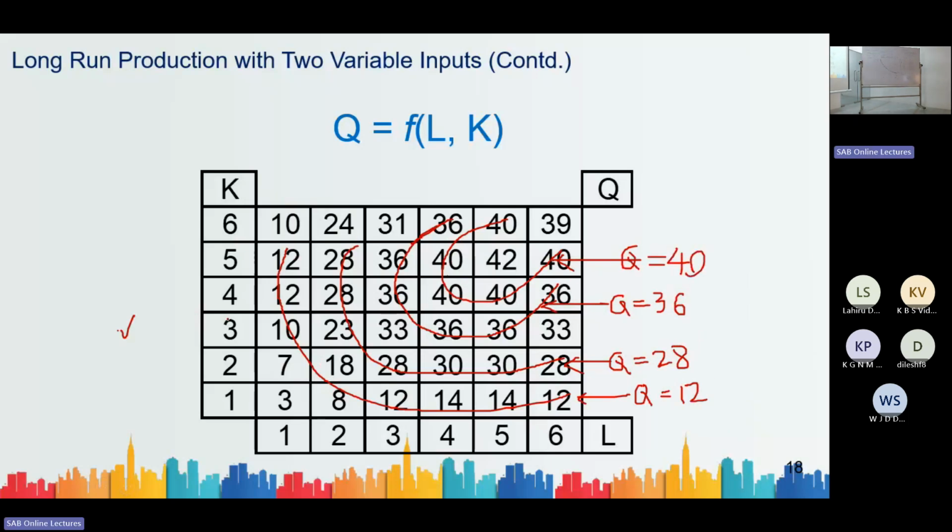So this is called an isoquant map. An isoquant map shows different isoquants, a set of isoquants in one diagram.